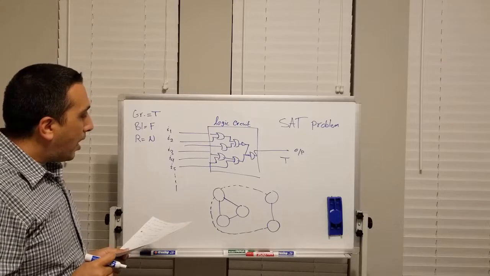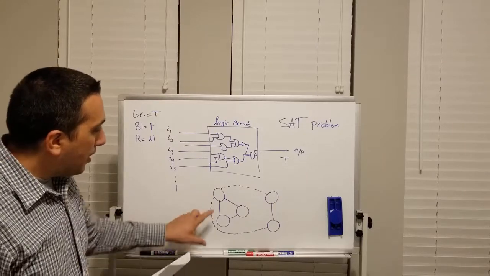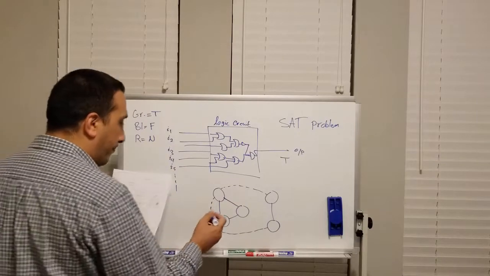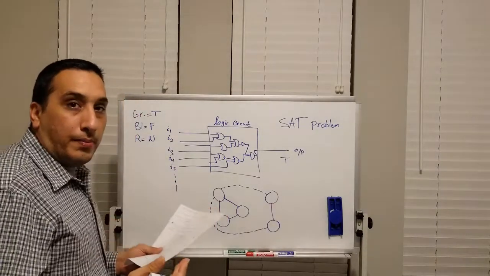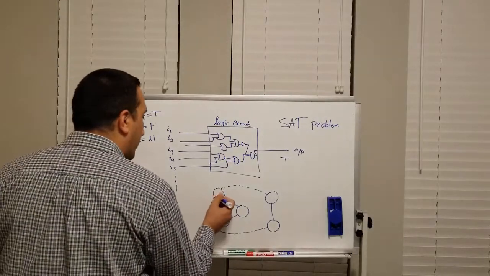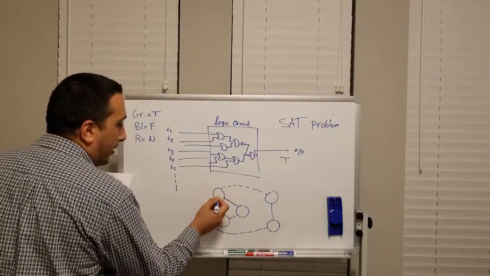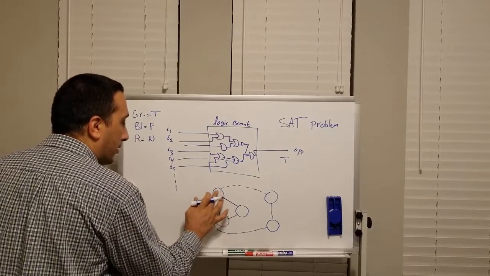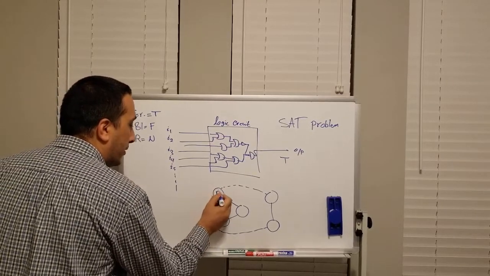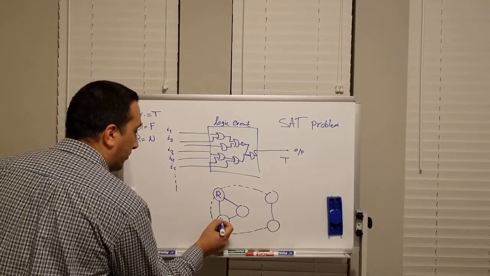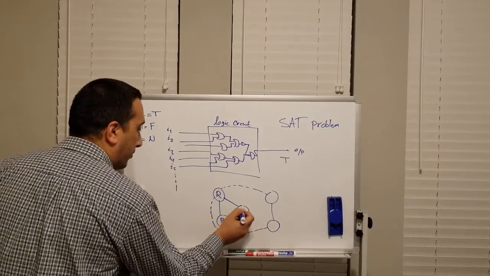And how about if we try to color these three vertices? If we want to color them, putting the requirement in mind, then we're going to assign the vertices, so let's put R instead of N. And let's put here blue, put here green.